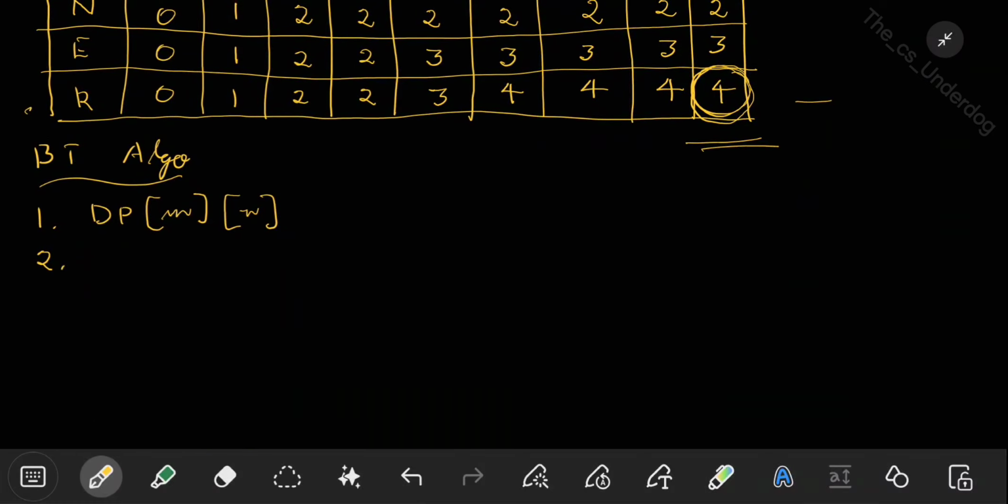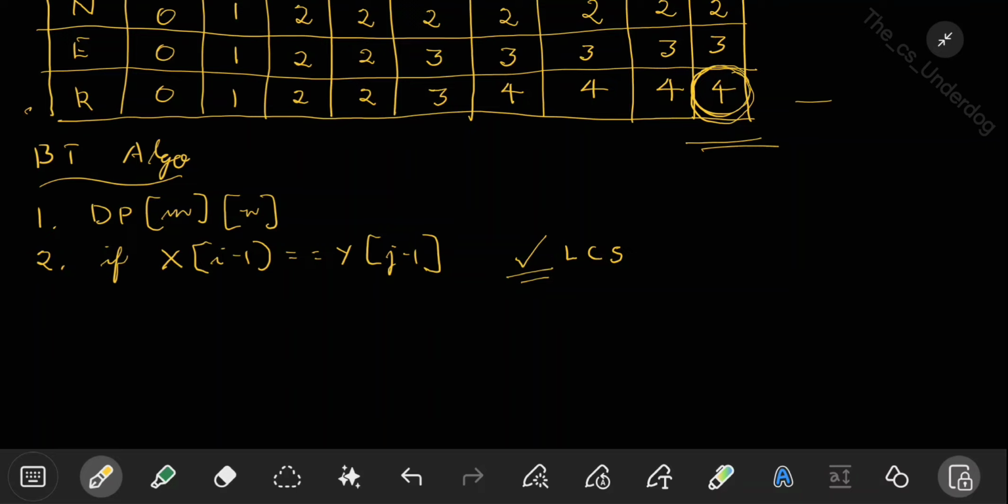So the second step is, here there are two subcases. One subcase is if the letters match, that is if x i minus 1 is equal to y j minus 1. If this is the case, then what should you do? You should include that character in LCS. Let us say you have a string called LCS, which you are building now.